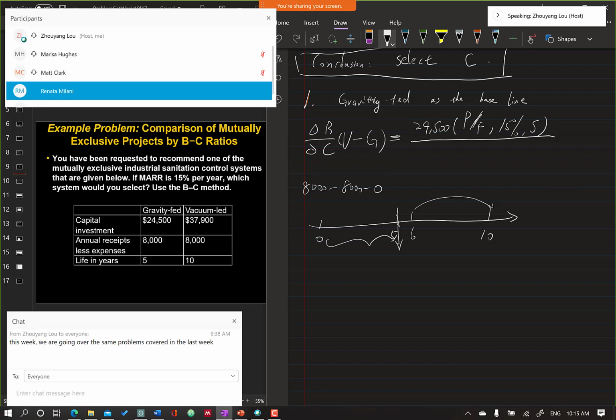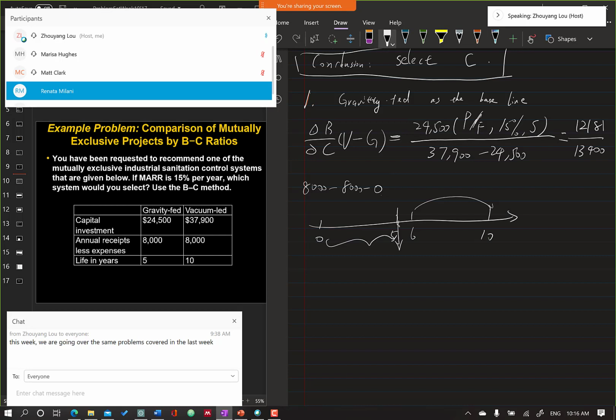Now the incremental cost part will just be straightforward. That's just the difference of the initial investment. So that's 37,900 minus 24,500, and this guy will be this value, 12181, over 13400.